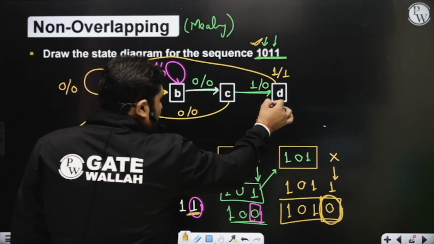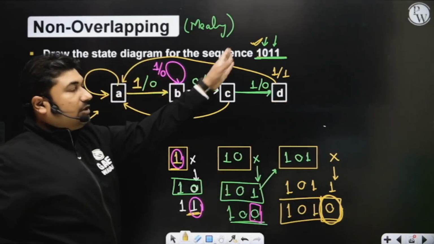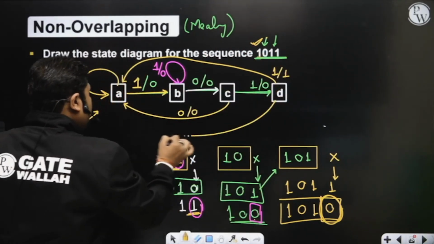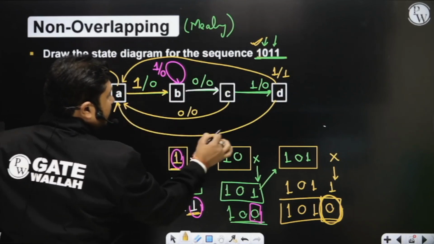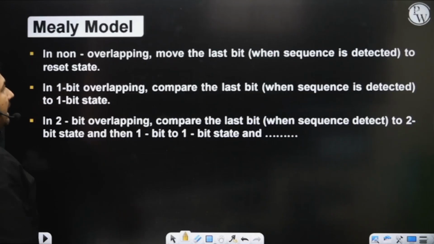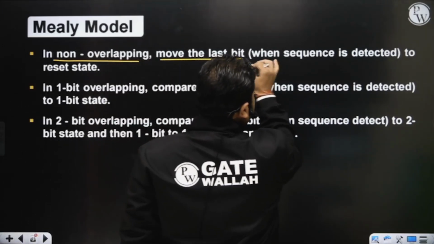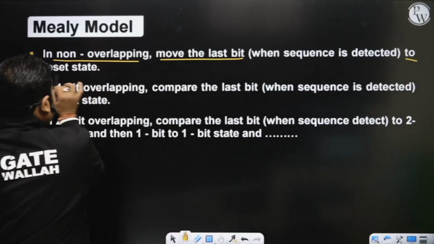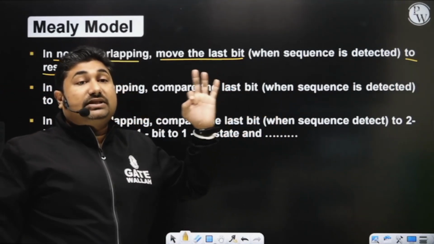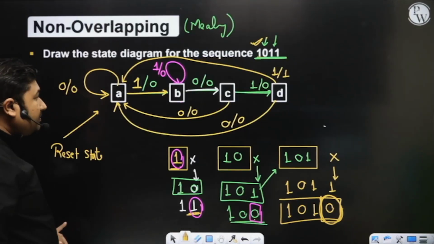Since this is non-overlapping, we need to come back to the reset state with x equal to 0 and output 0. In non-overlapping, move the last bit to the reset state. When the sequence is detected, output is 1. When it is not detected, output is 0.